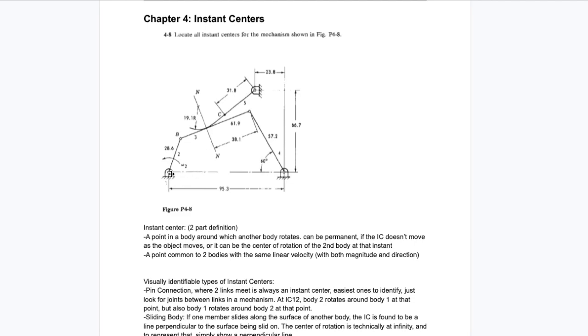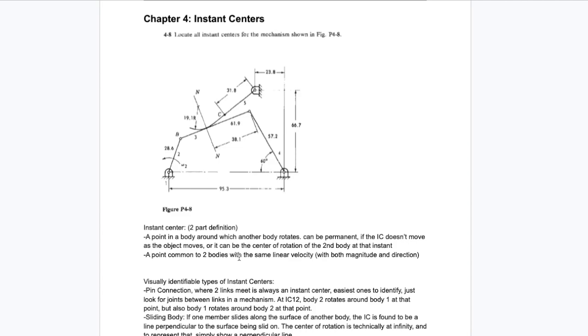So here you would have a line between point 1 and 2 on your circle, and it would represent this point. And then you would find the line that goes from point 2 to 3 on the circle, and that would be 2 lines. You do the same for 4 and 1, and then 4 and 3, and so that signifies that those are the instance centers you're going to want to use to find the instance center between 3 and 1.